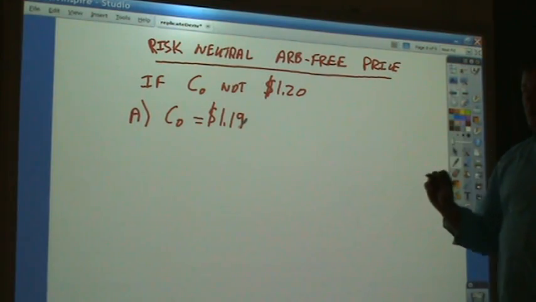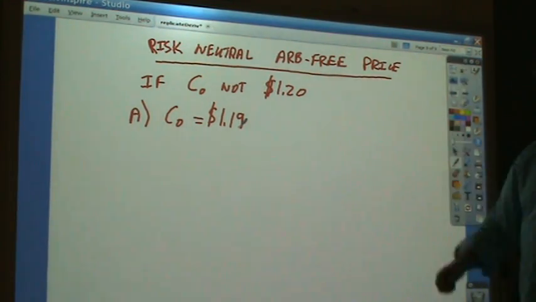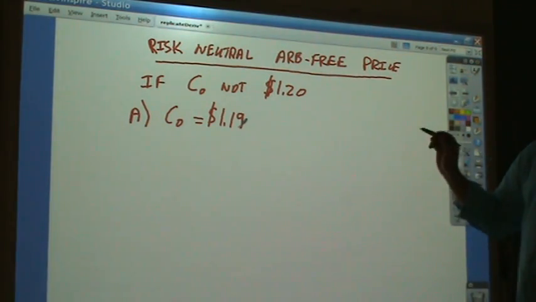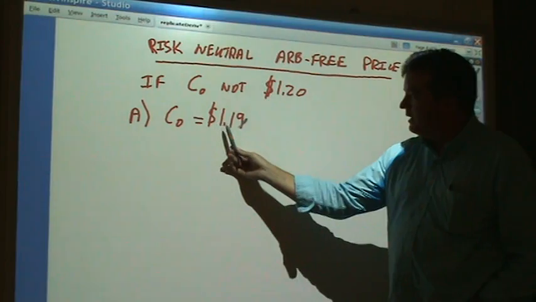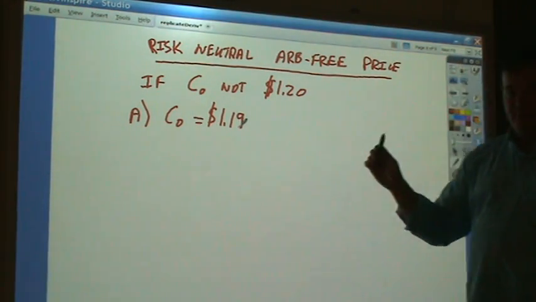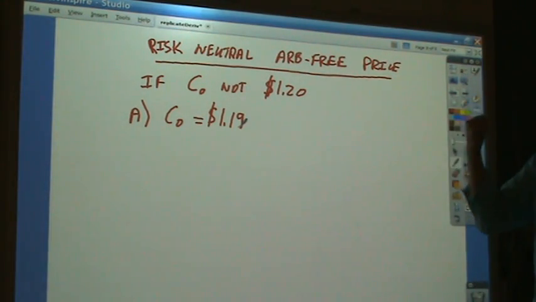So what this question is asking is, if you go out to the options market, the Chicago Board of Options, and look at the prices they're currently selling at. If this particular option you could buy for $1.19, and at the same time we could take $1.20 and do the thing we just did, we could replicate the option.